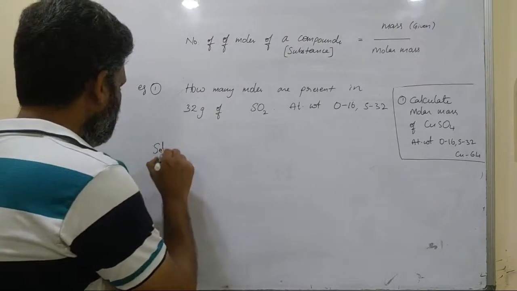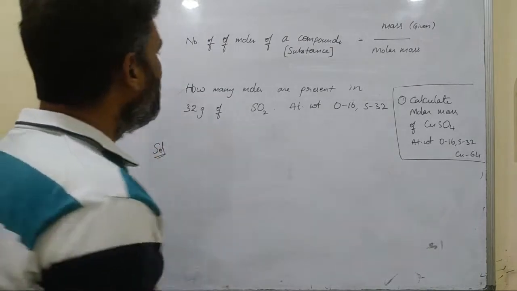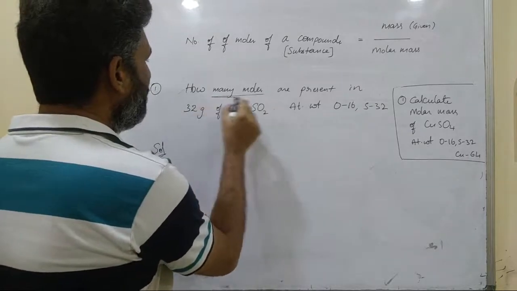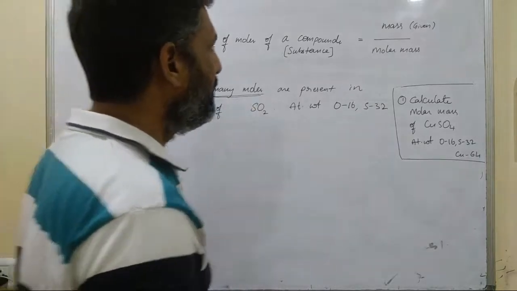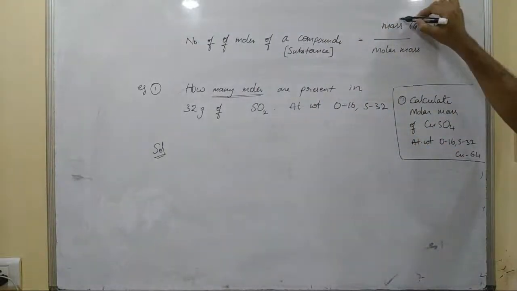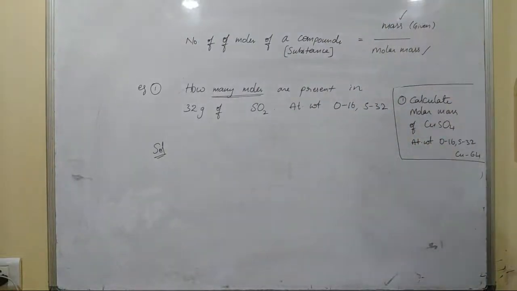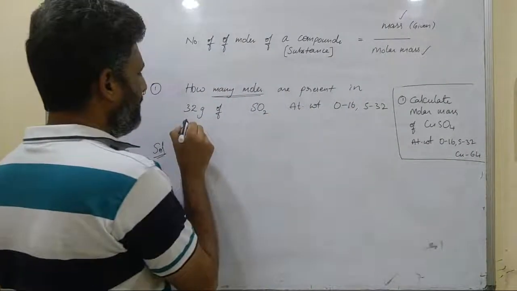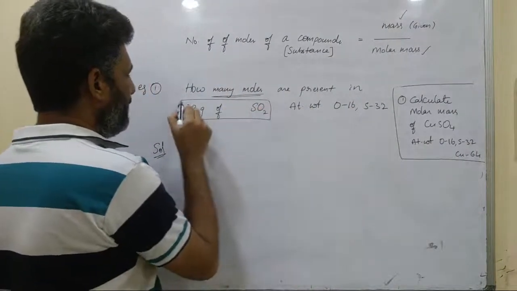So how to solve this? To find number of moles, two things we are required, that is mass and molar mass. So the mass is given in the question, that is 32 grams of sulfur dioxide.